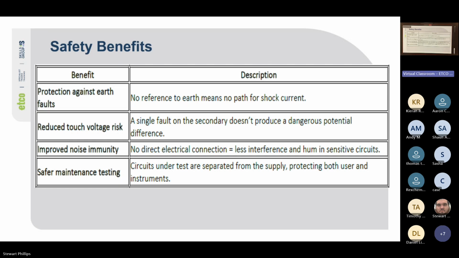So in what type of work environments would these advantages be most valuable?